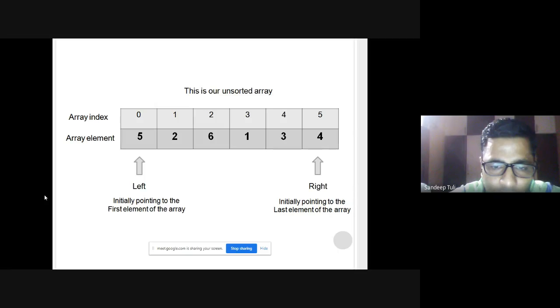The size of the array is 6 in this case. In general, if I have an n element array, the size will be n. In this example it is 6, not 5.